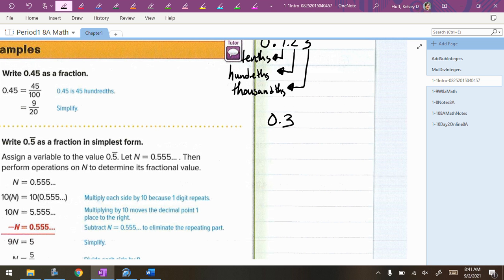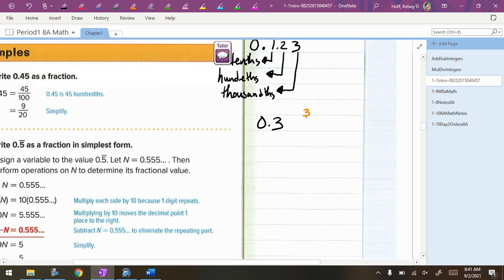And we know that because there's not a repeating bar above it. Okay? So the number 3 is going to go in the top of our fraction. What number is going to go in the denominator, Sam? He says 10. Thoughts? He is correct. Nicely done. Because he's in the first location, which is tenths.